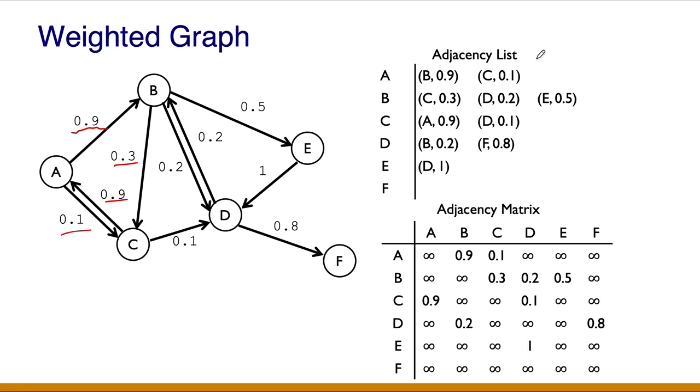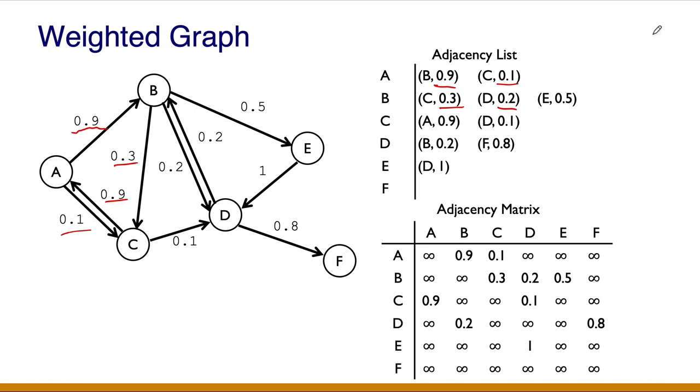The data structure underneath this particular graph is very similar to before. We still have two ways of storing this information. We can still use an adjacency list, and we can also use an adjacency matrix. But the major addition, of course, is the weight. For the adjacency list, we don't simply store the individual vertices that we can connect to.